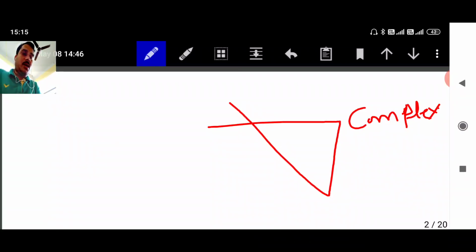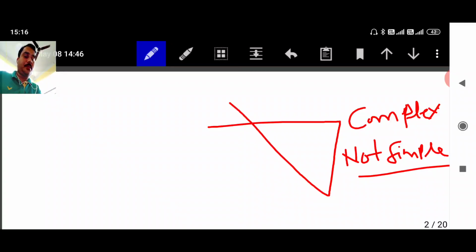Complex means not simple. Because this point is retraced, or the curve crosses itself, so it is not simple, it is complex.